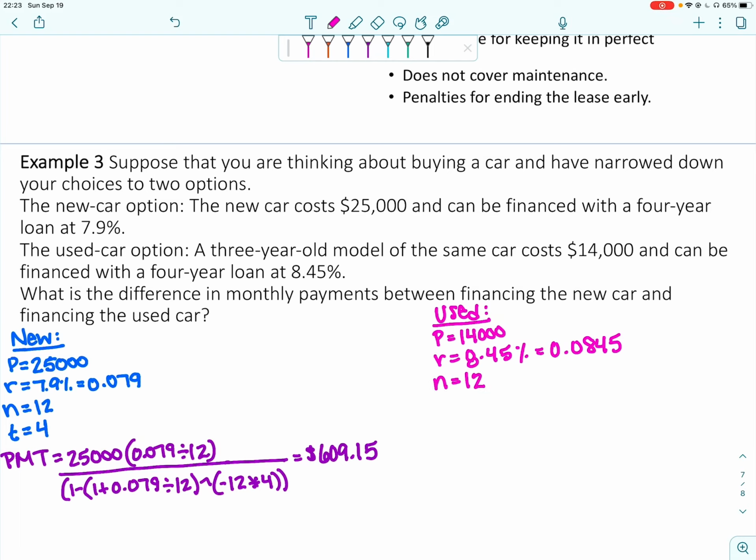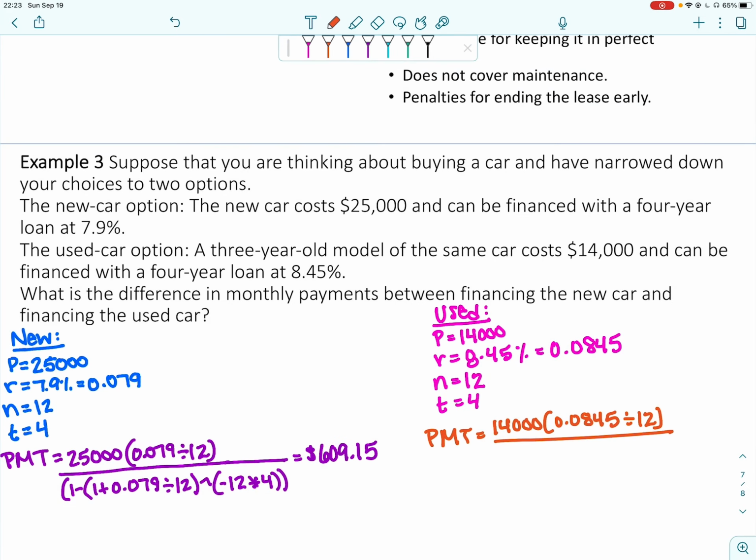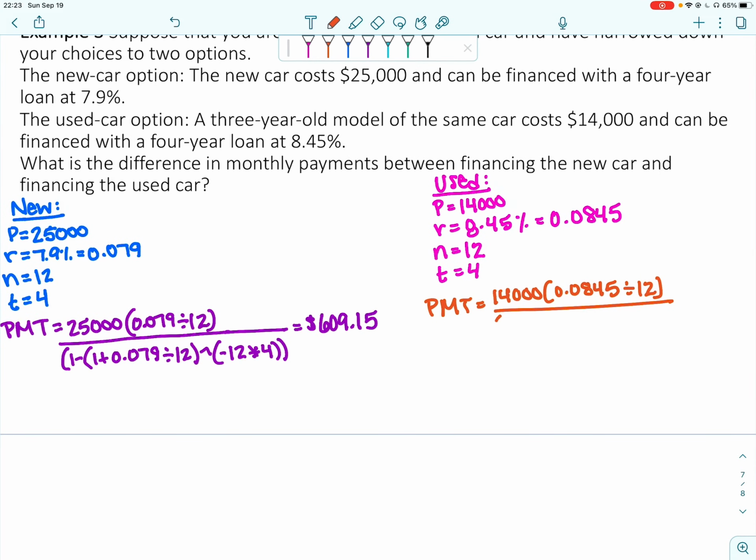Monthly payments, and it's also a 4-year loan. So the payment on this one would be $14,000 times 0.0845 over 12, divided by 1 minus 1 plus 0.0845 over 12 to the negative 12 times 4 power.